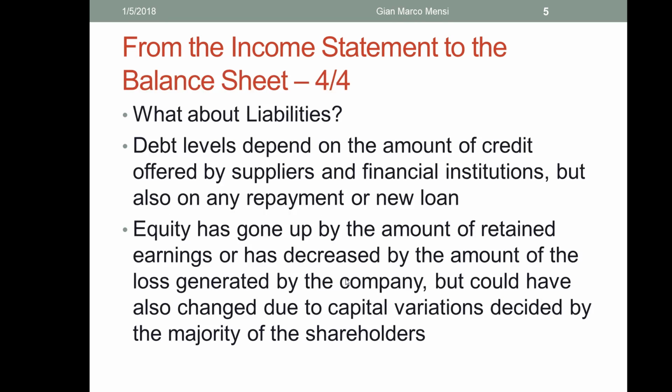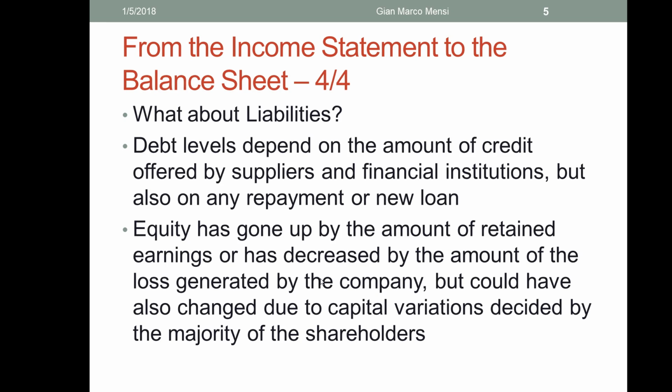And what about the other side, the liability side? Those levels depend very much on the repayments you have decided to make, or the amount of extra credit that the institutions have decided to give you or take away from you.